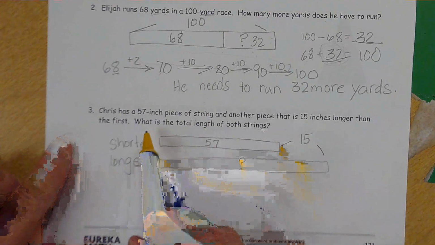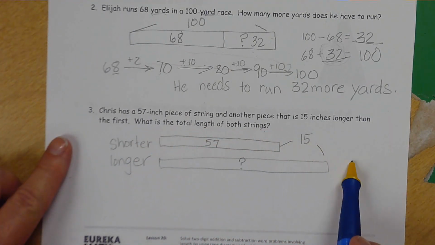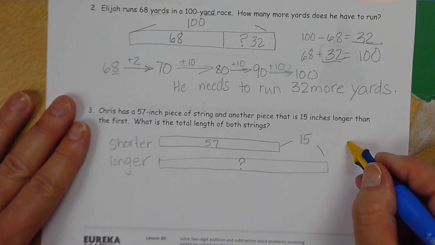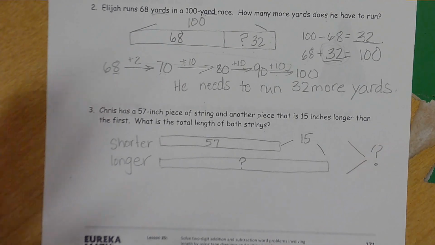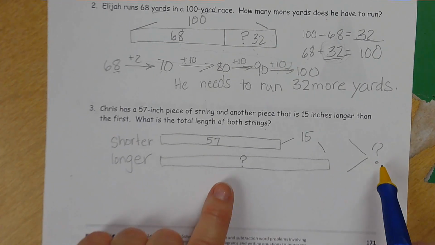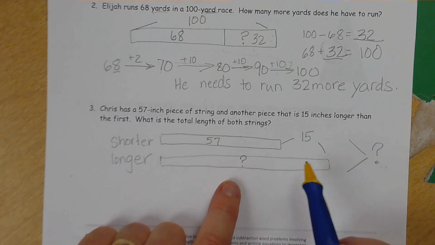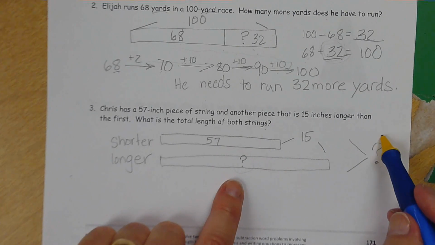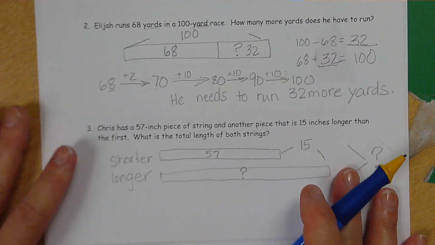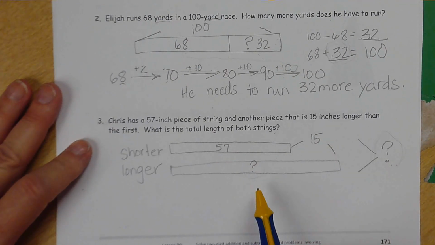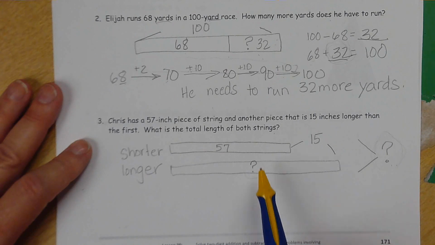Looking at this, what is the total length of both strings? Eventually, I have to add these together and get the total. So I want to make sure that I understand that I need to find this and this. So let's move on. Which number is the whole? The whole is the part we don't know.